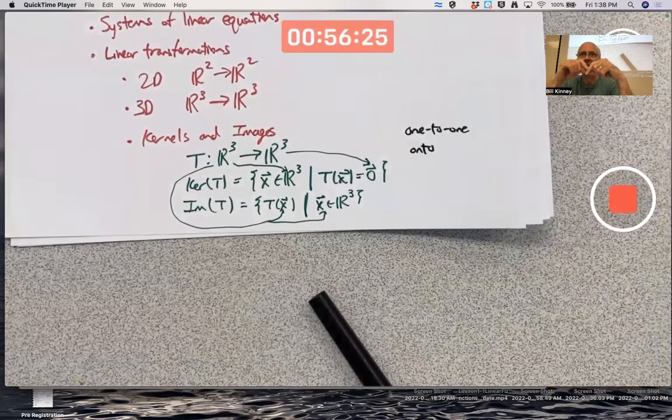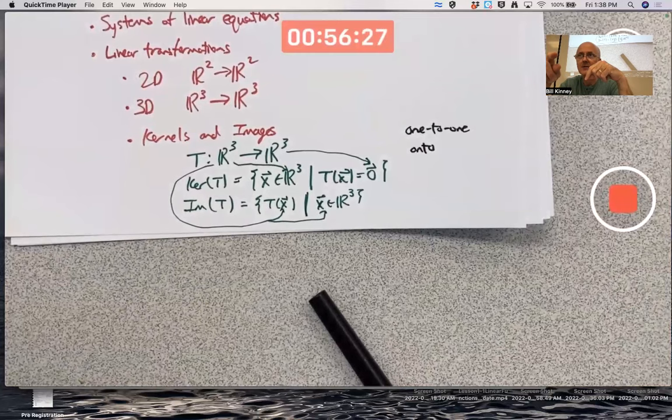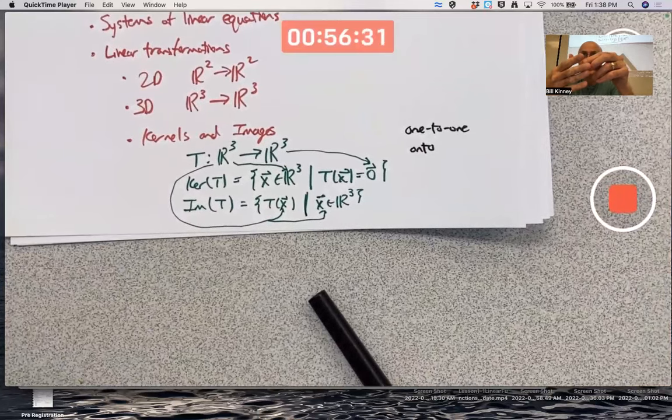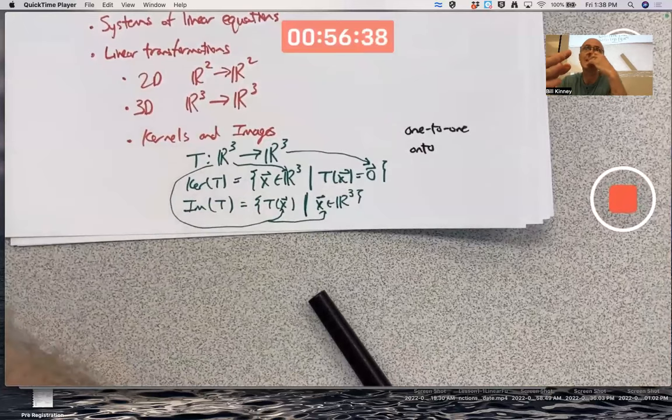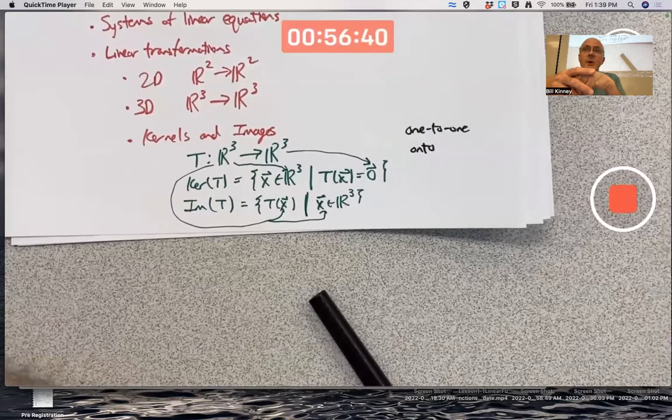For a function, every input gets mapped to one output. For a one-to-one function, every output has one input that gets mapped to it. So distinct inputs get mapped to distinct outputs, not the same. X squared is not a one-to-one function. 2 squared equals 4, but negative 2 squared also equals 4.